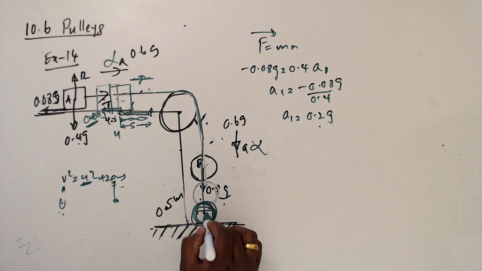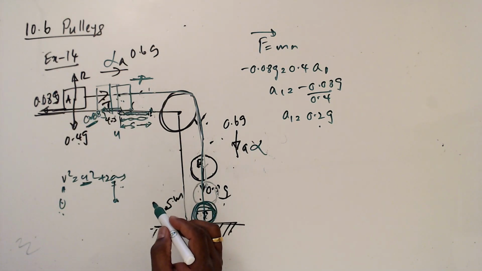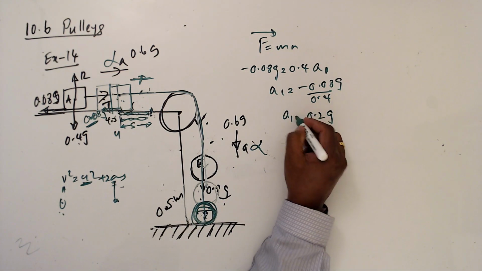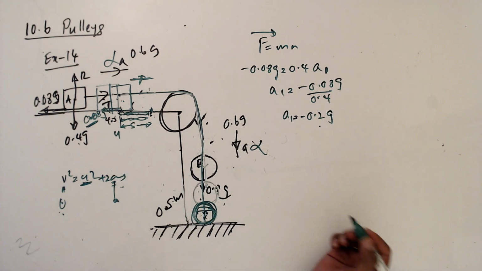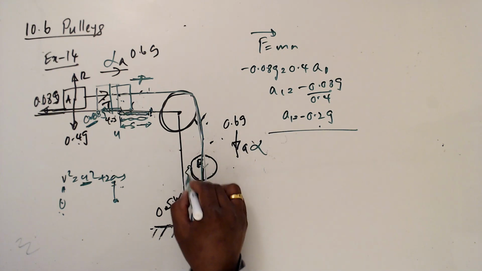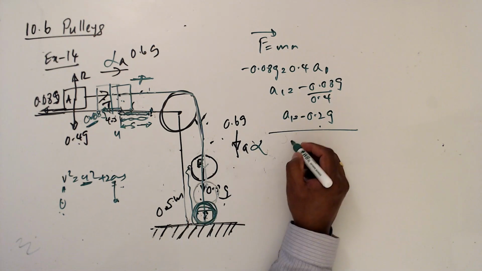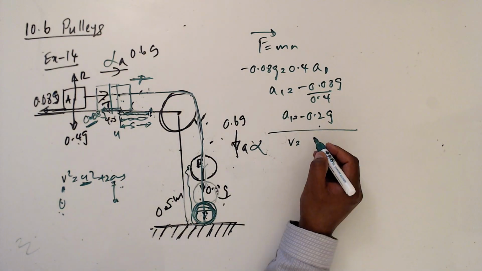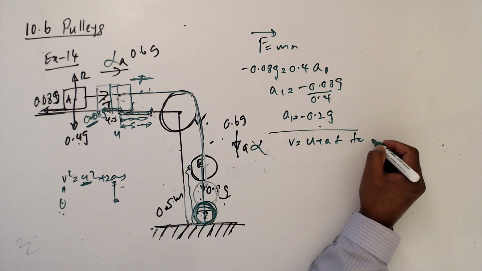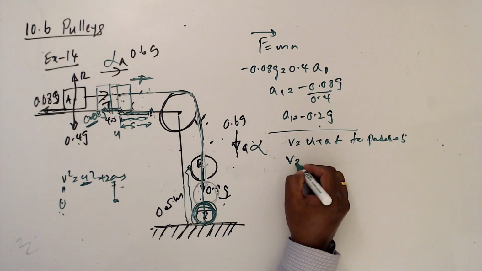So the same velocity should be had by this particle when it starts deceleration. So actually this value is a minus value, which is a deceleration. Now we find from here to here, 0.5 distance is the fall, and V equals U plus at for particle B. So we need to find U.